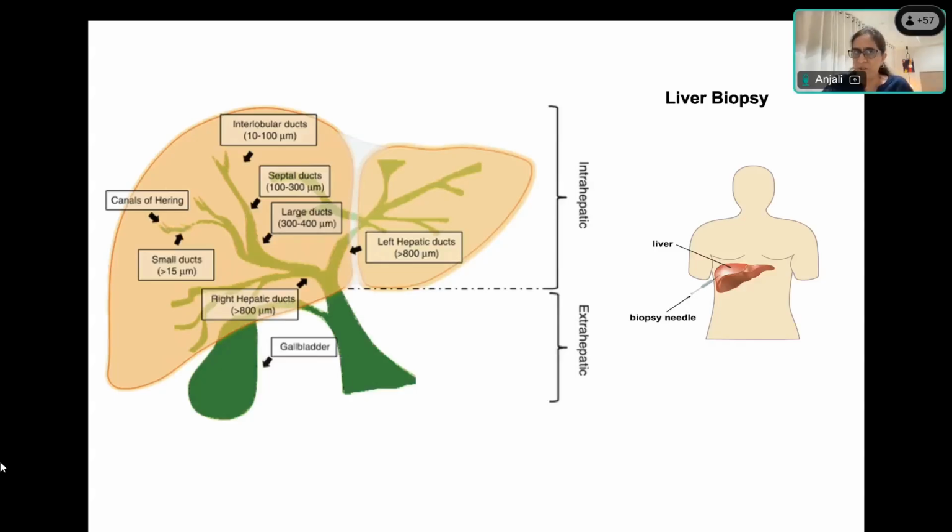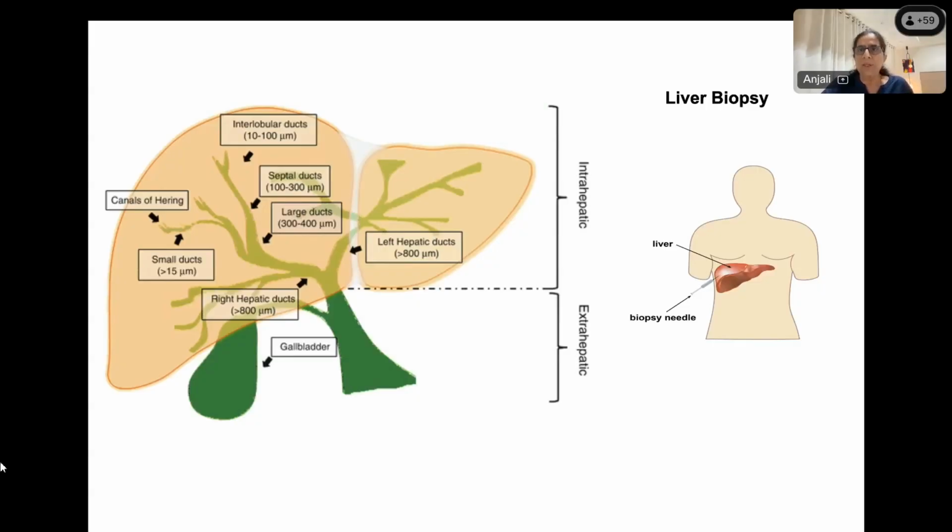These are smaller ducts, or interlobular ducts, that are included in the liver biopsy. Except when the liver biopsy is done close to the hilum, then you have medium to large bile ducts, which are present in the portal area. So normally in a liver biopsy, you have interlobular or terminal bile ducts included.